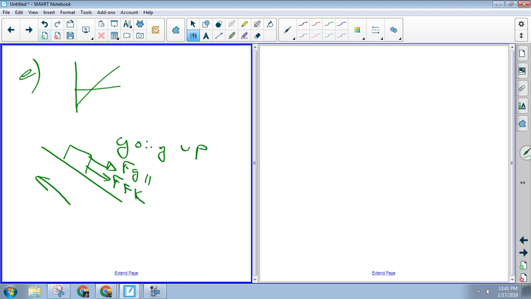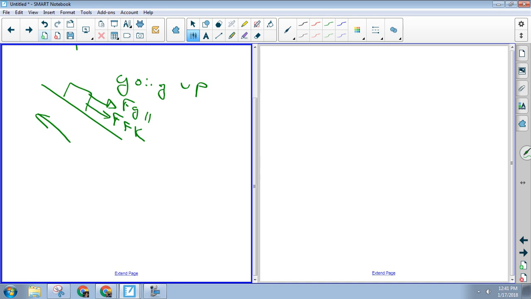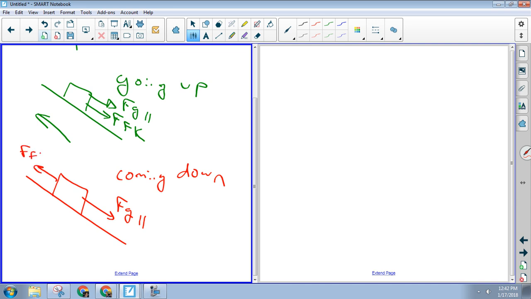Coming down the ramp, Adam hit the nail on the head. The friction changes directions. My F G parallel is still the same, but now my F friction goes the other way. So where do I have the bigger net force? On the way up.